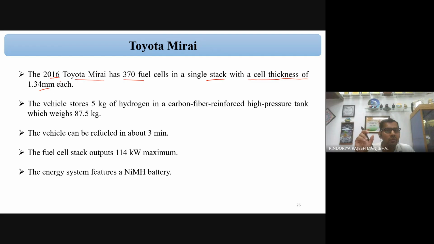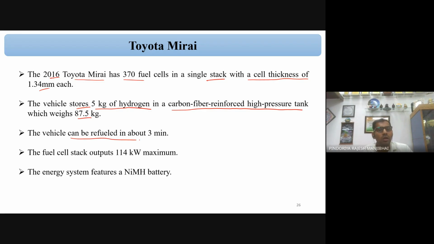So 370 fuel cells are connected in the single stack. The vehicle stores 5 kilograms of hydrogen in a carbon fiber reinforced high pressure tank. So normally we design the tank with carbon fiber reinforced for high pressure, which weighs 87.5 kilograms.